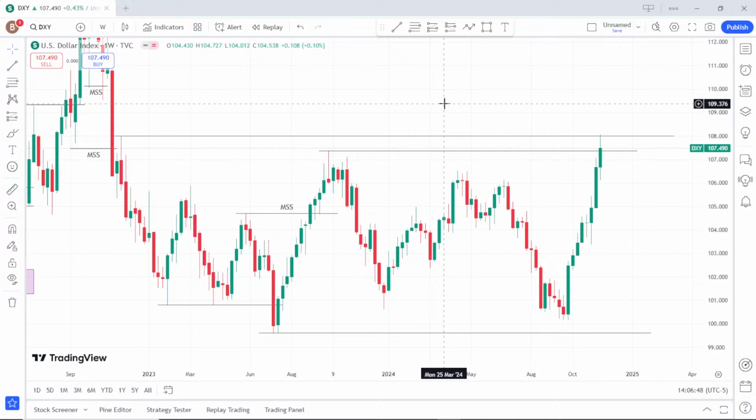That's it seeks fair value. Those are the two things that the market will ever do, no matter what. Seeking liquidity or balancing an imbalance.